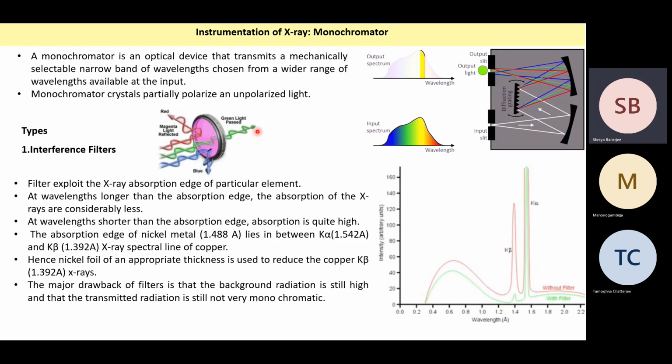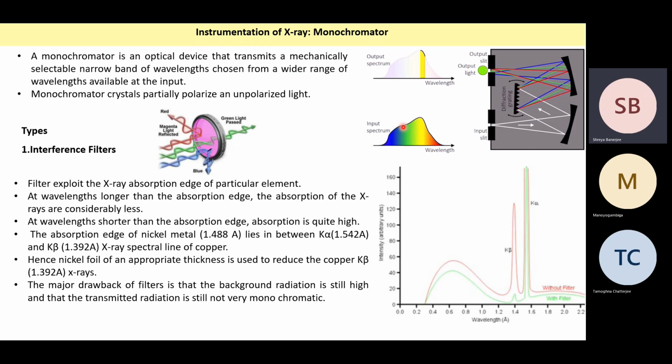Now that you have a focused X-ray beam, the next part of the instrumentation is called a monochromator. A monochromator is an optical device that transmits a mechanically selectable narrow band of wavelengths chosen from a wider range of wavelengths available at input.